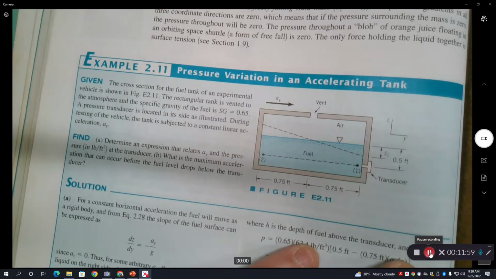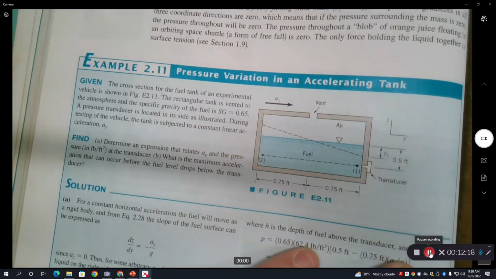I don't know what a transducer does yet. Let's see. So that's 0.5 feet above the transducer. We have spot 1 and 2, and this is fuel. Let's see what kind of fuel.